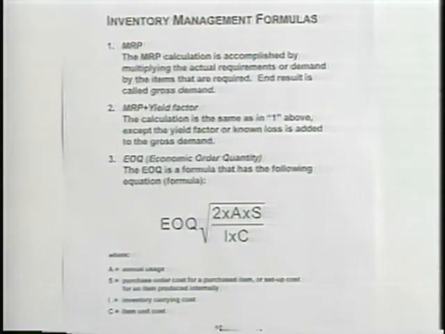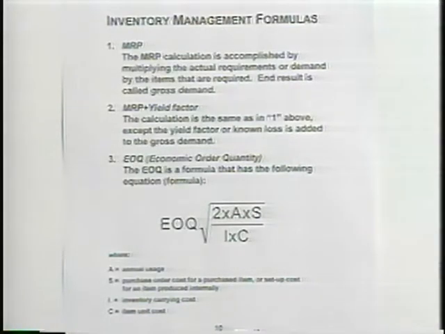3 is the economic order quantity formula, and here again we show the formula. EOQ is equal to the square root of 2AS divided by IC, and in the lower part of this particular exhibit on page 10, we're addressing the data elements. A is the annual usage, S is the purchase order cost if the item is purchased, or the setup cost if the item is manufactured.